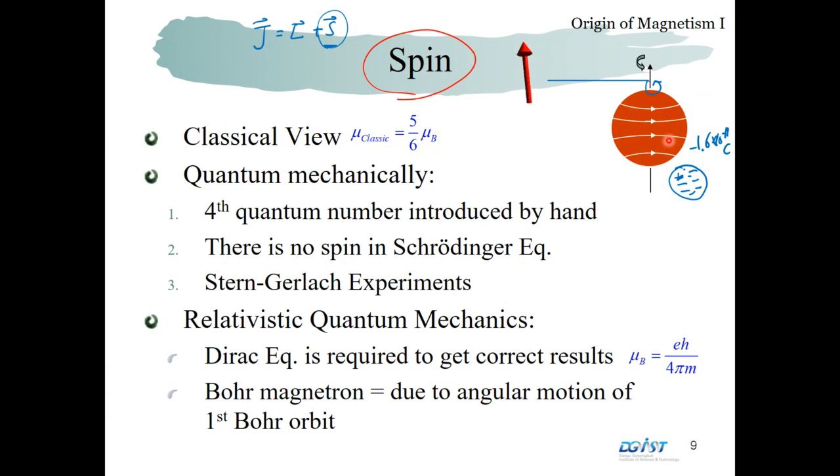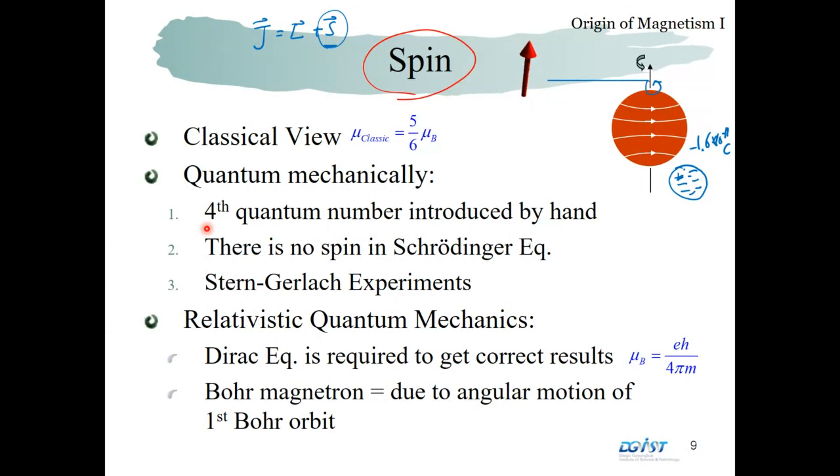And quantum mechanically, I'm going to give a very brief review of quantum mechanics maybe next class. But by the Schrödinger equation, there is no way to introduce the spin. But spin is necessary to explain the experimental observation. So people decided to introduce this spin, the fourth quantum number, by hand.